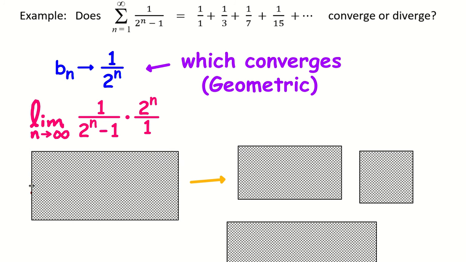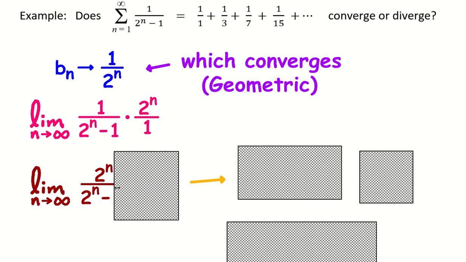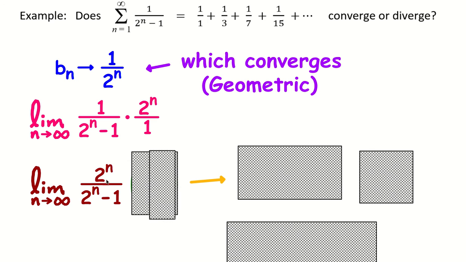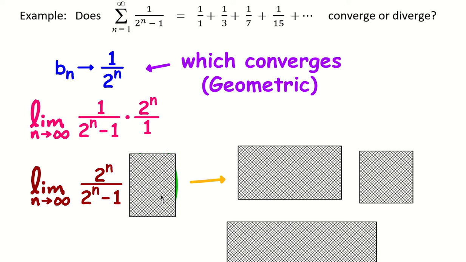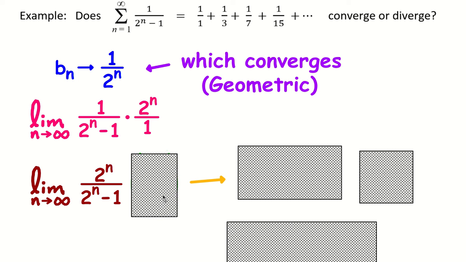Are we going to smush these together at first? Are we going to do this algebra trick? Multiply top and bottom by something? Remember from last section?